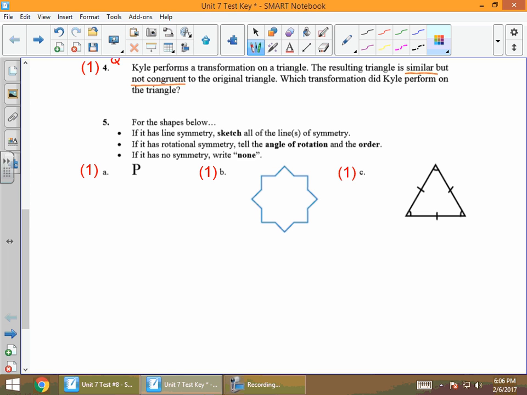It is the only one that gives us similar figures, and that means at some point a dilation was completed. At some point, Kyle had to have done a dilation. If he did a translation, it would have been congruent. If he did a reflection, it would have been congruent. If he did a rotation, it would have been congruent. But a dilation at some stage would make it similar and not congruent. So that was worth 1 point.